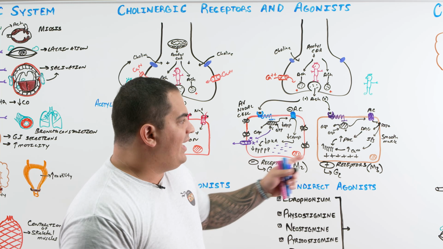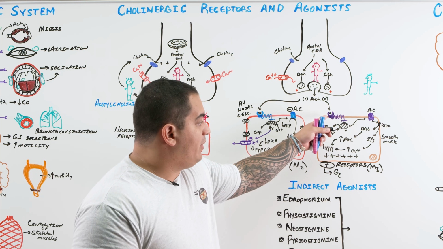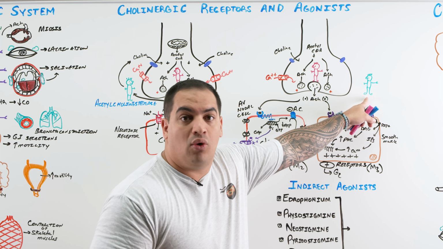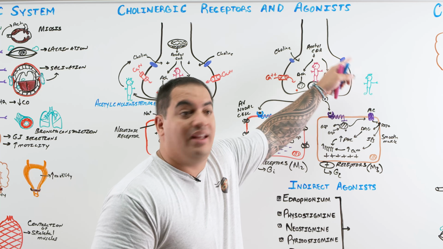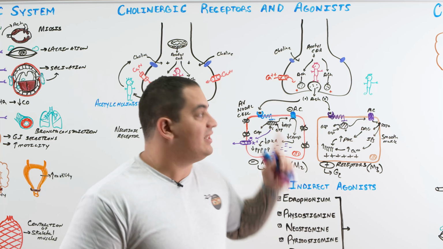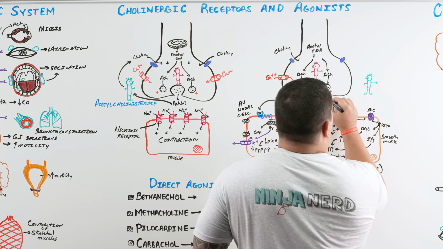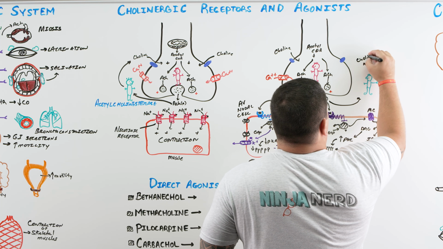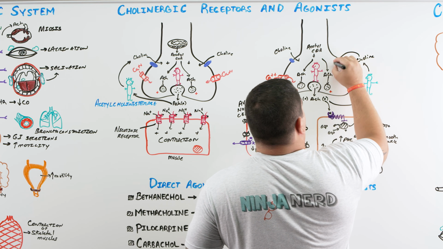All right? So if I gave a direct agonist to act on this muscarinic receptor, it would produce the same exact response. Or if I gave a drug that inhibited acetylcholinesterase, it would increase acetylcholine indirectly and give the same type of response. Because again, what happens to the acetylcholine? It gets broken down by this enzyme into choline and an acetyl group product, and it gets recycled.